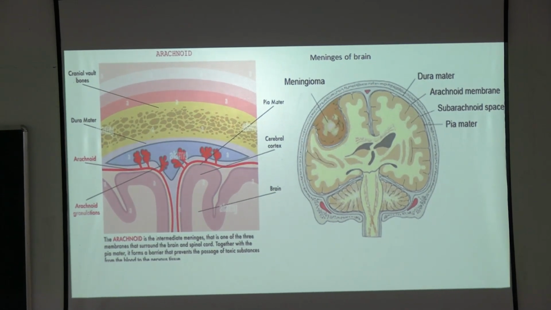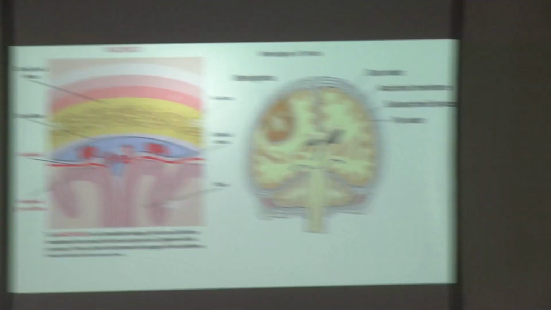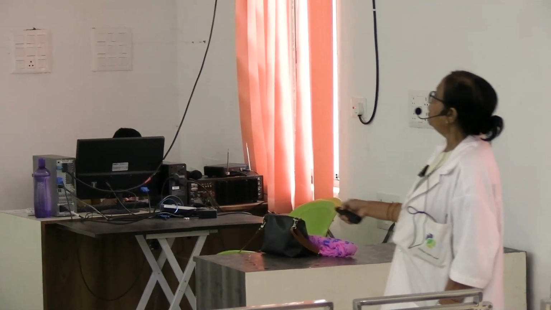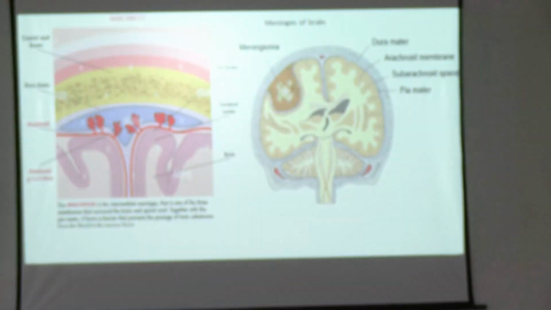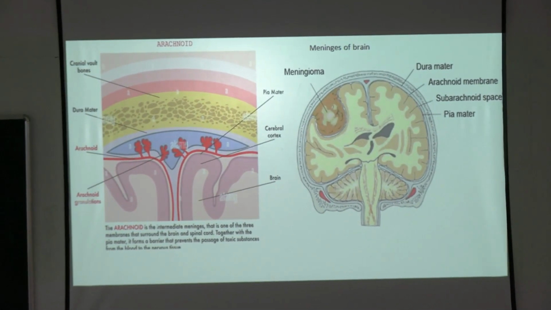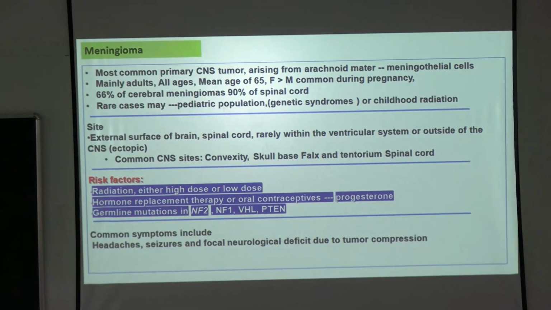Anatomical location: it may be the covering of the brain, the spinal cord, the tentorial fascia, falx cerebri, tentorium cerebelli, all the meningeal layers can produce it. Commonly it arises in the covering of the cerebral hemisphere. So, anatomically you can locate the cell of origin and the tumor.